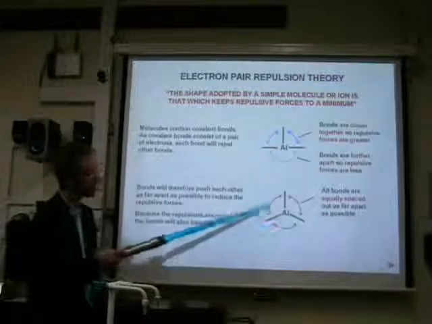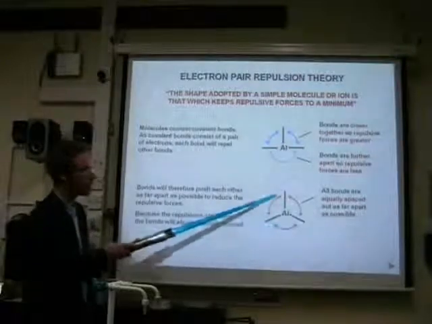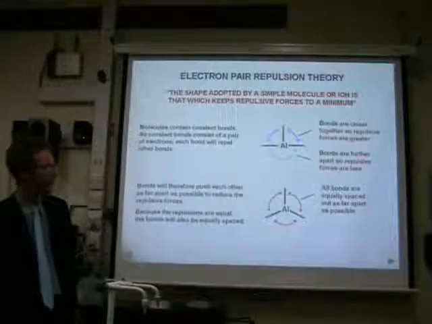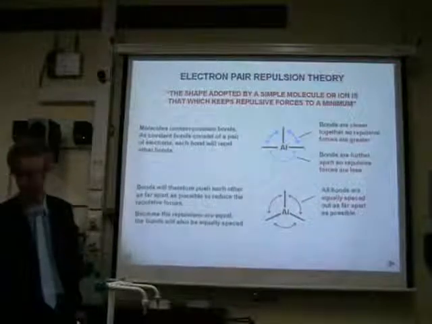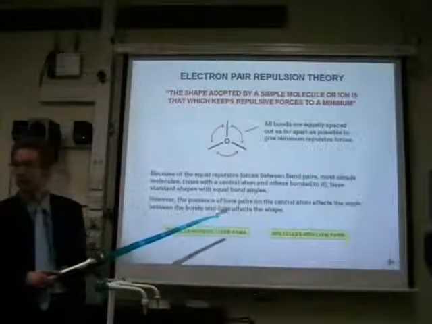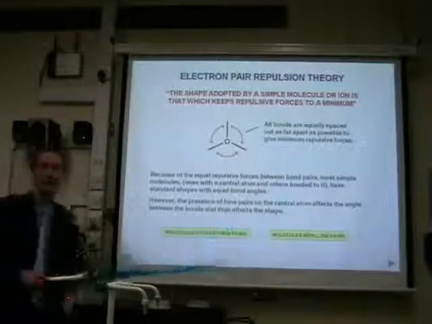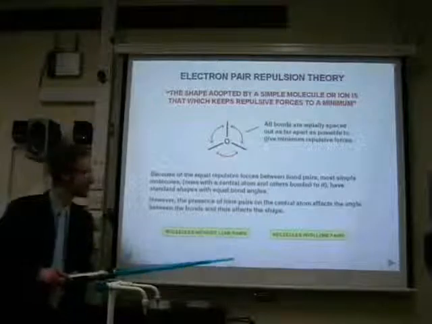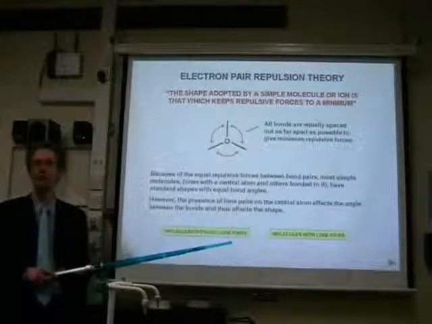And in this case, they move until they are equally spaced around the aluminium atom. And this is called valence shell electron pair repulsion theory.